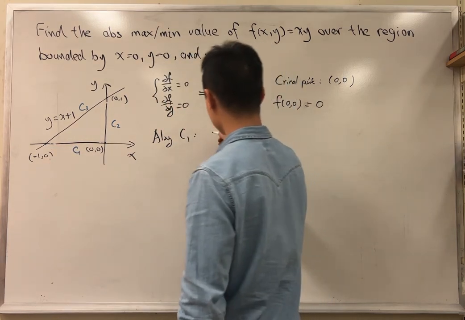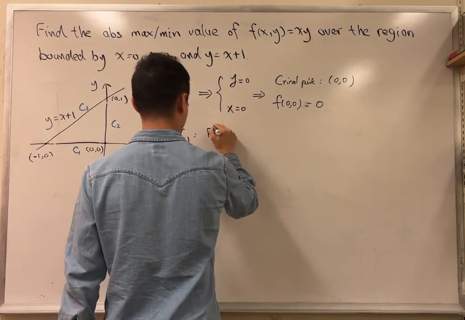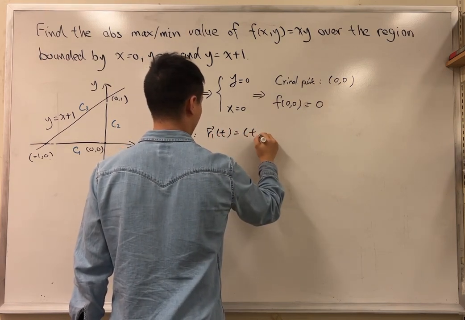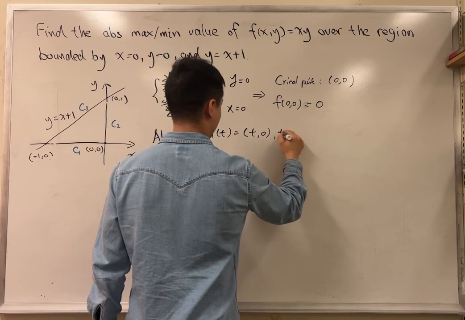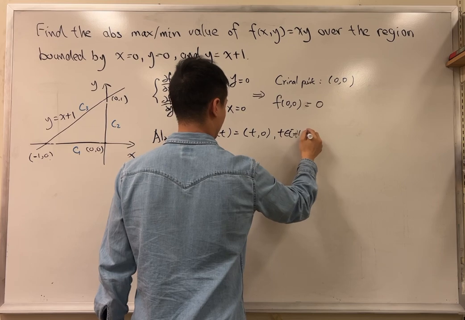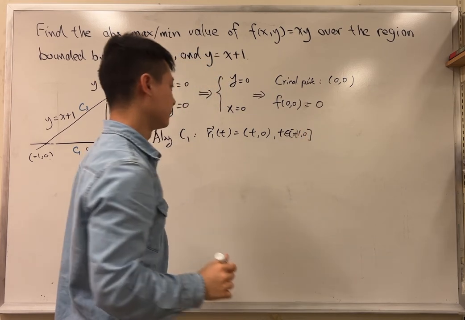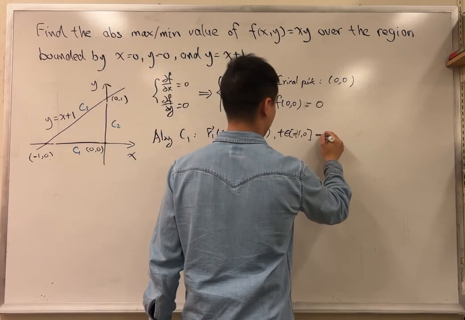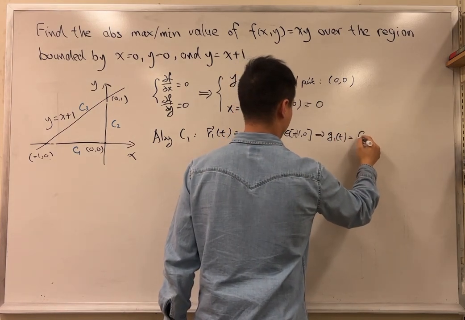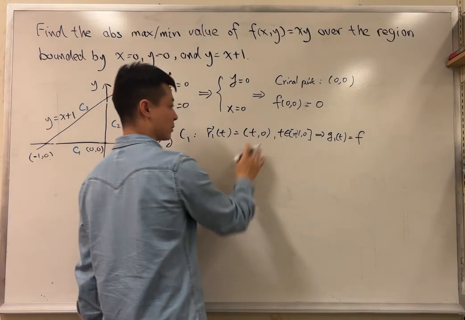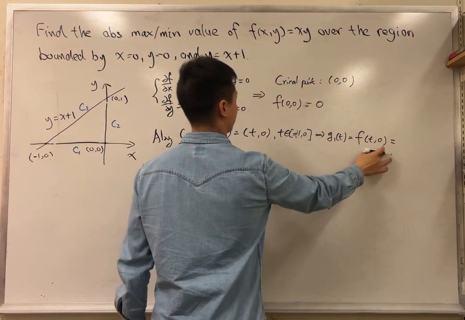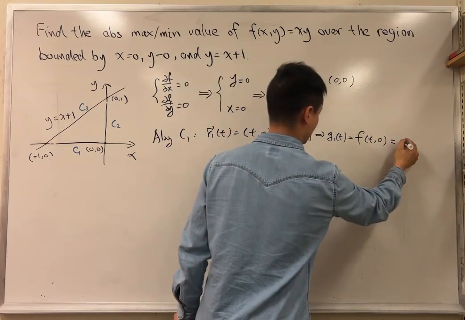So the representation of this line segment can be written as x equals t, y equals 0, where t ranges from -1 to 0. Then we evaluate the function on this line segment and denote it by g1. g1 is going to be f(t, 0), and plugging in gives us 0.